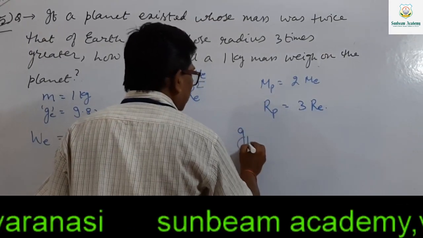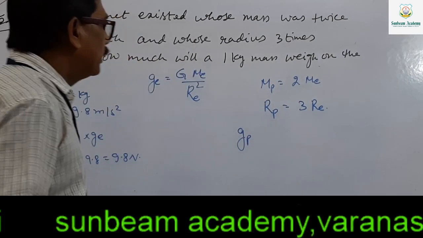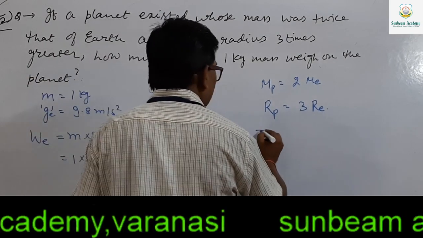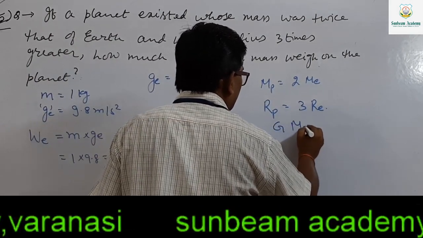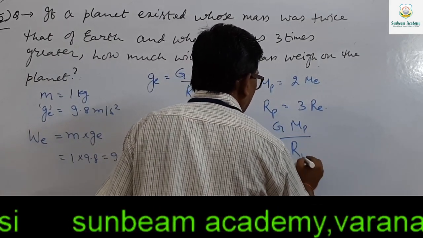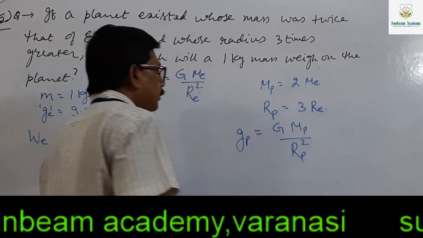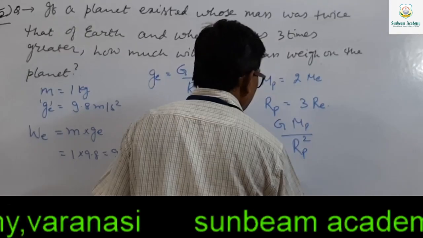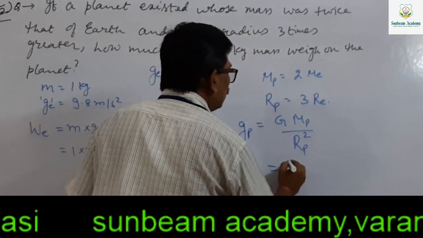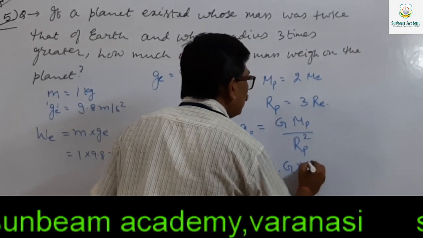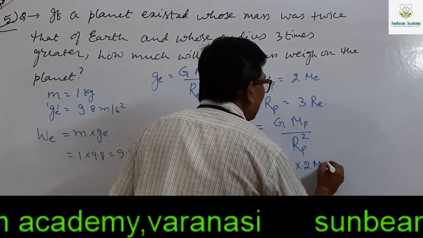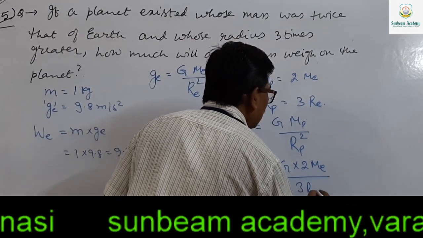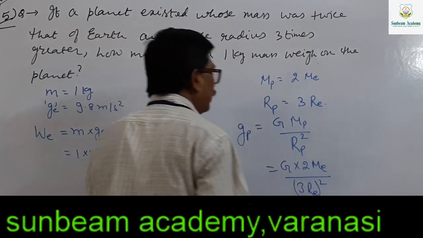Now, as per the formula, the acceleration due to gravity on that planet will be G MP upon RP square. Now, here what we will do? We will put the values: G into twice ME upon thrice RE whole square.